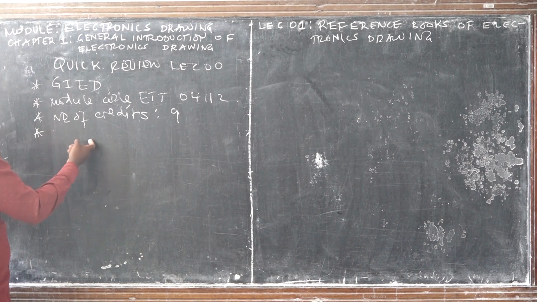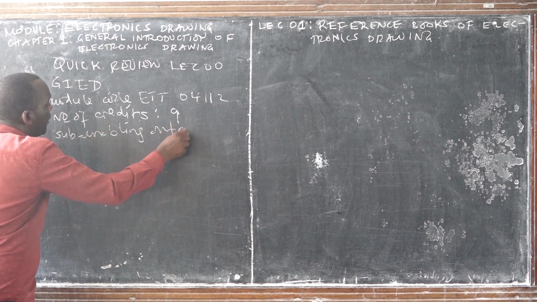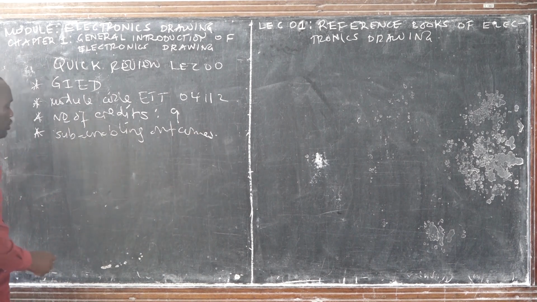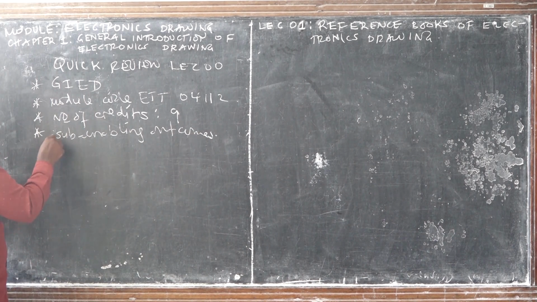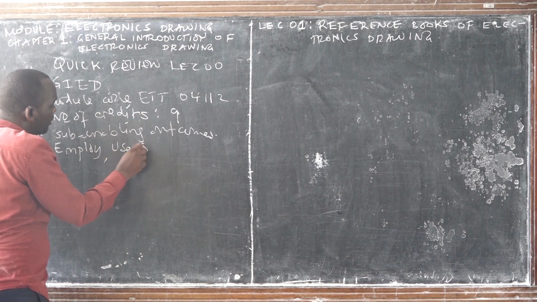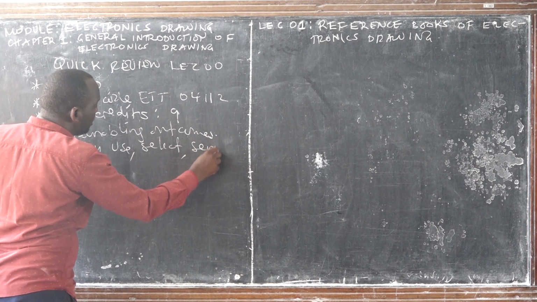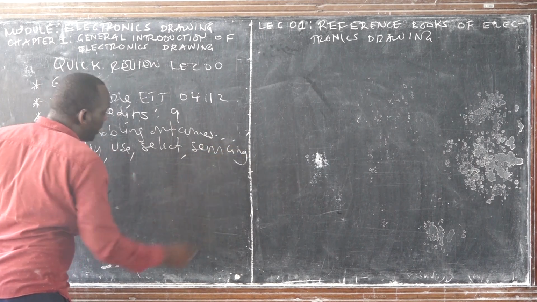Then I presented the sub-enabling outcomes. We have to cover 60 sub-enabling outcomes. In those outcomes, we found common keywords like employ, use, select, and service.